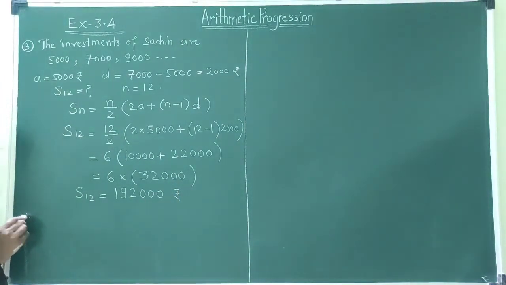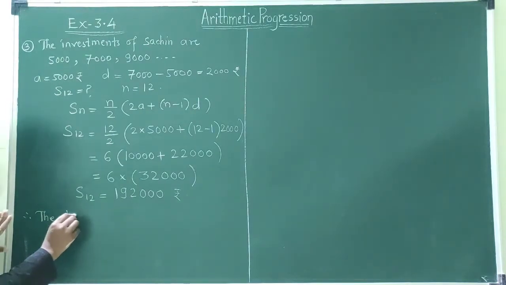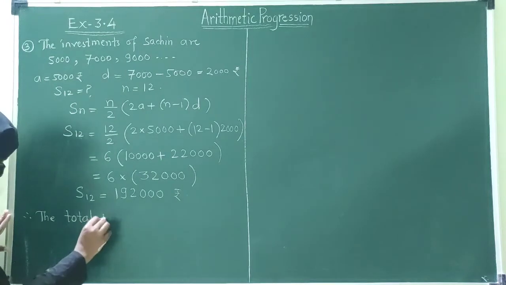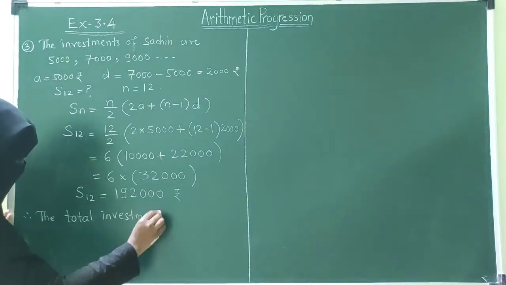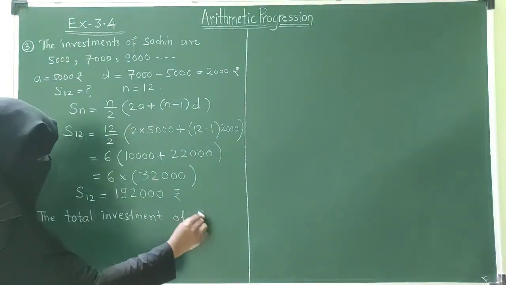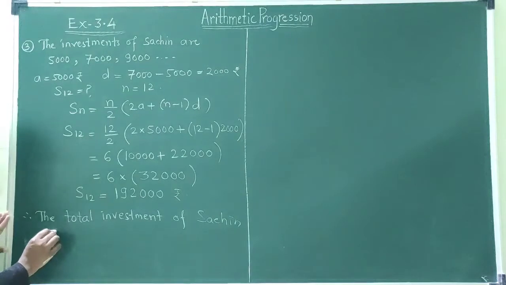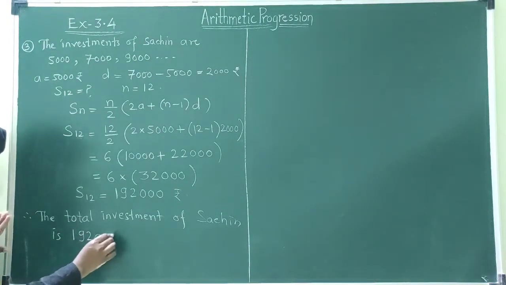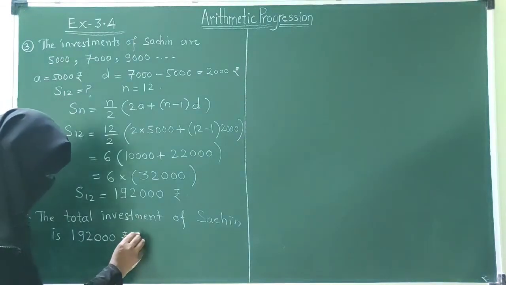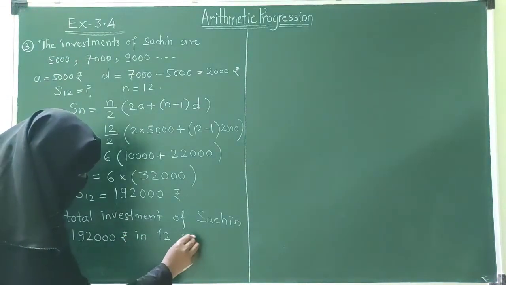Therefore, the total investment of Sachin is 1,92,000 rupees in 12 years.